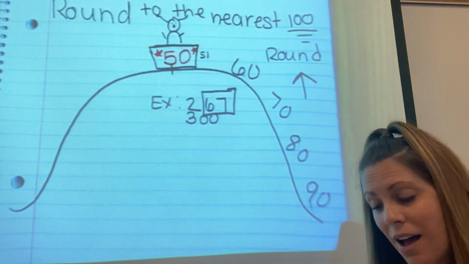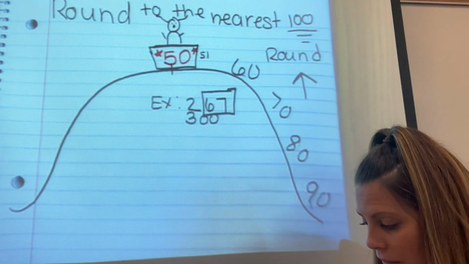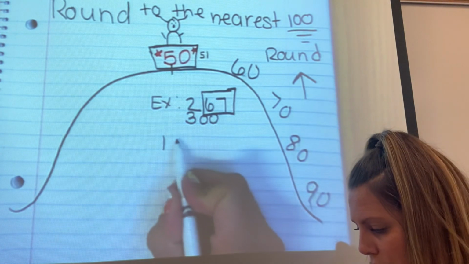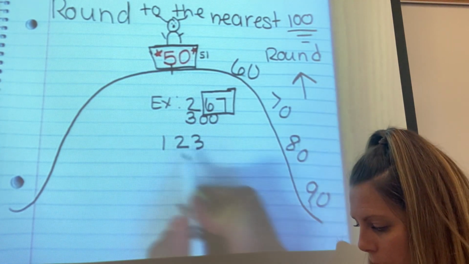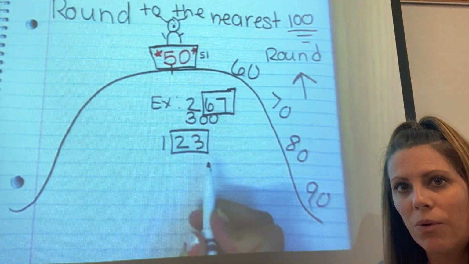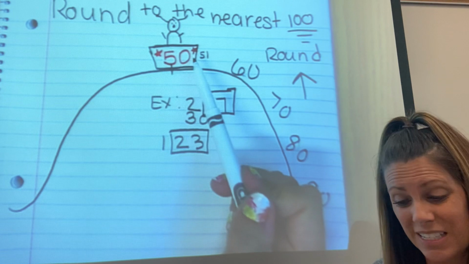We round up. Now, what if we have a number like this? 123. Well, I'm going to look at 23. I'm going to look at my tens and my ones. 23 is smaller than 50, isn't it?